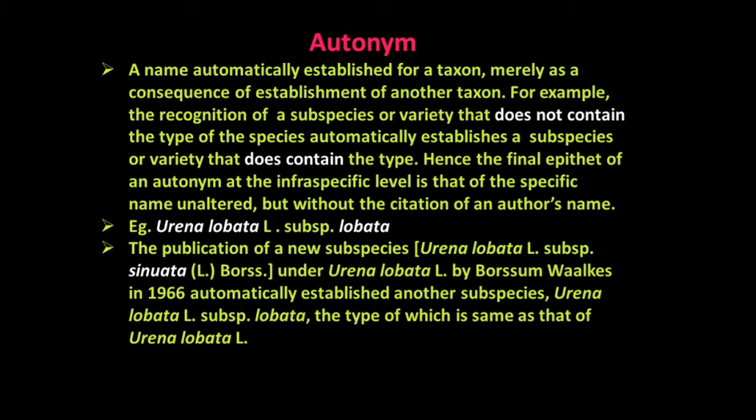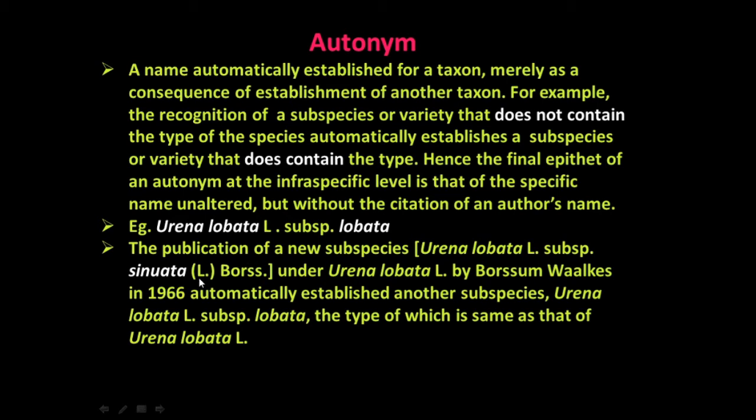For example, Urina lobata L. subspecies lobata. So the specific epithet lobata is exactly repeated. Subspecies lobata is automatically established merely as a consequence of the establishment of another variety or subspecies, that is, Urina lobata L. subspecies sinuata.